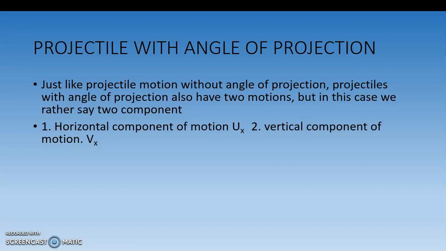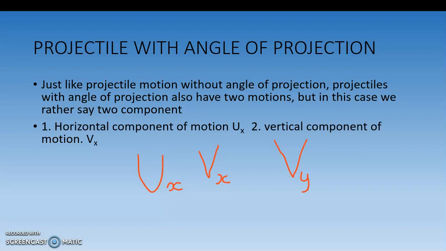The horizontal component is u subscript x, and the vertical component is actually v subscript y. If you don't want to use this subscript, you may just do it this way, write u subscript x for horizontal component or v subscript x. For the vertical component, we will use v subscript y.